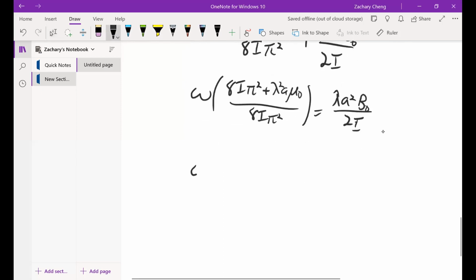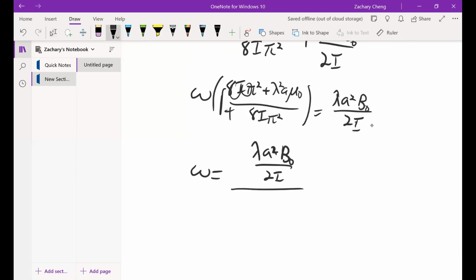So then omega is equal to, let's just make this 1 plus here, which is probably easier, lambda a squared B0 over 2I over 1 plus lambda squared a mu 0 over 8I pi squared.